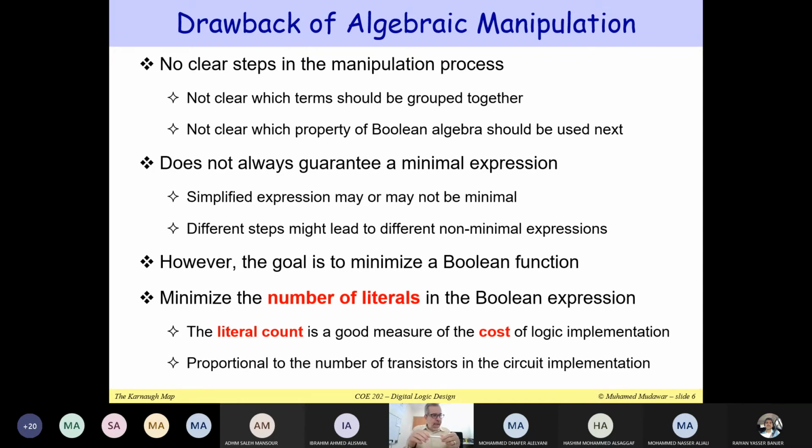And therefore, we would like to reduce the number of literals to a minimum. And the literal count is a good indicator of the cost of the logic implementation. So we were able to reduce that to only 3. And that was really good, because the number of transistors inside the circuit implementation will be proportional to the number of literals that you have in the expression.